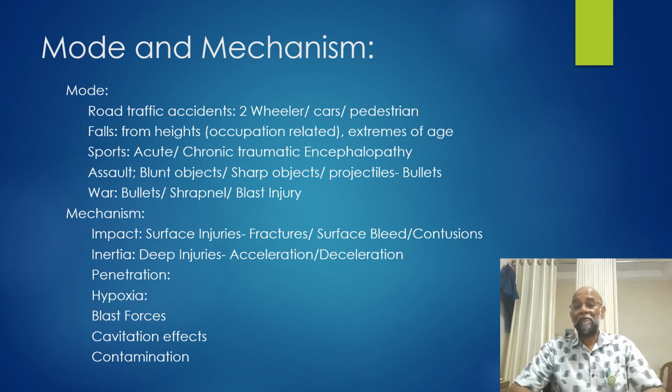The third mechanism of injury is because of penetration. Penetration can be by a blunt object, sharp objects, or by projectiles. Some other mechanisms are important to recognize. Hypoxia: a head injured patient has probably an impact injury associated with an inertial injury.